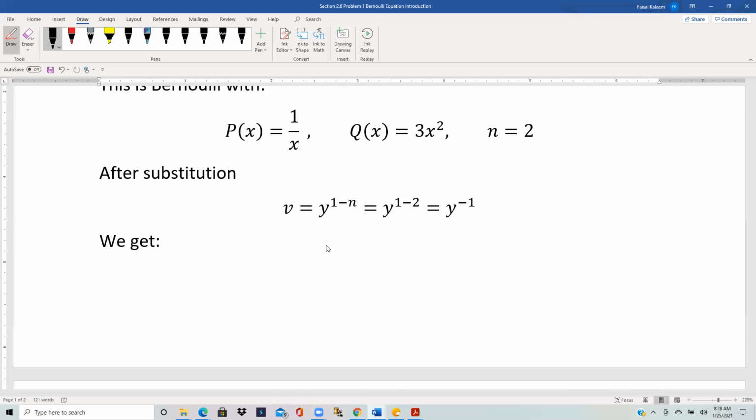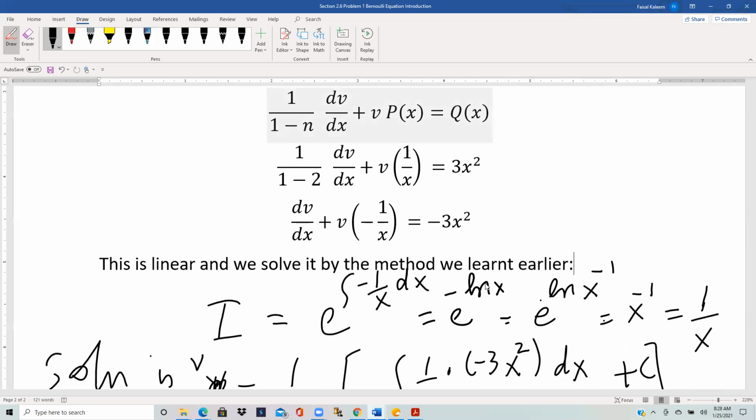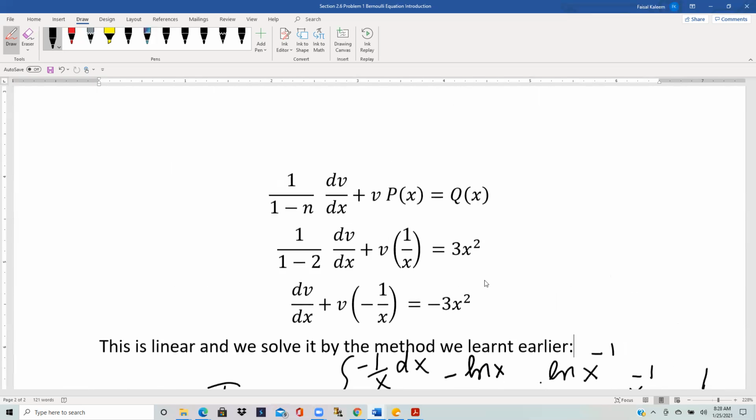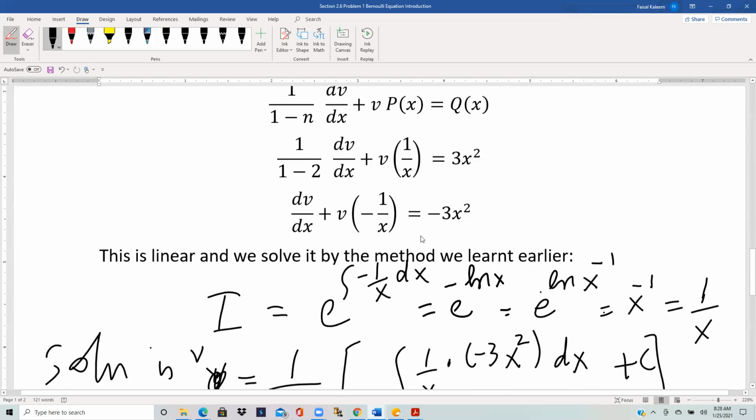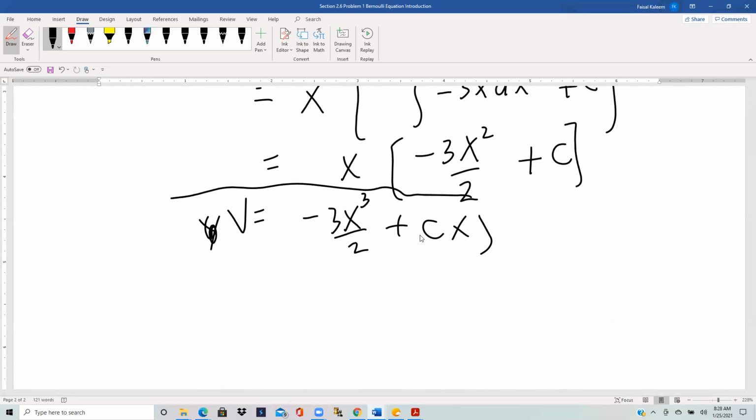You can just remember that you substituted v is equal to y power negative 1. So v was just y power negative 1, equal to negative 3x cubed over 2 plus cx.